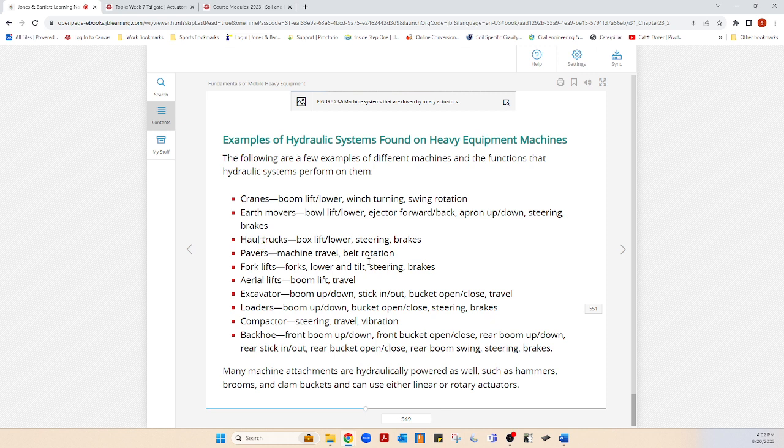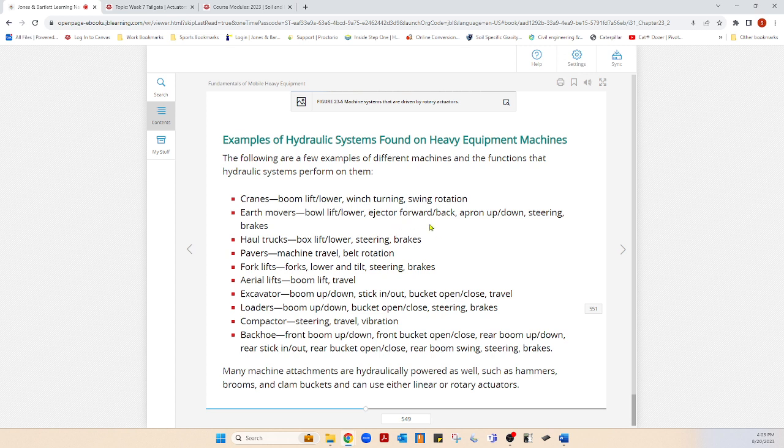Pavers, gosh, they got a belt to, I'm thinking of a ripper or trimmer, I think, a belt that shoots the, when a miller machine picks up the old pavement and shoots it out, and there's maybe a truck or somebody coming along with a loader to pick up the loose asphalt that has been trimmed off, or loose dirt that's been trimmed.